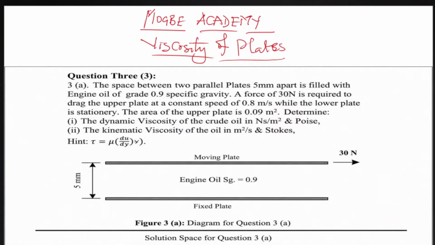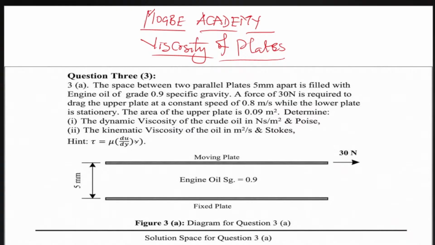Are we together? Now, let's bring out our data sheets. From our question, we'll simply have our data. The first thing is to consider the distance between your fixed plate and your moving plate. The distance here is 5 millimeter, so you have dy given as 5 millimeter.